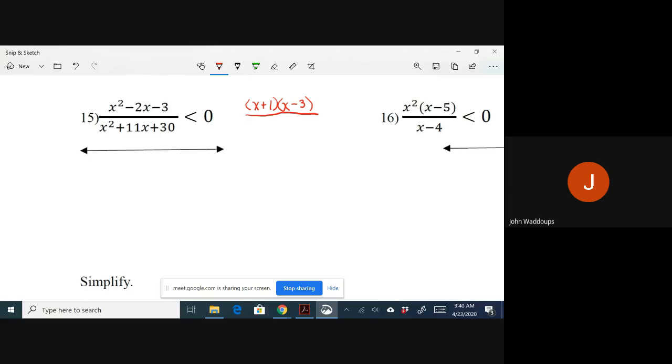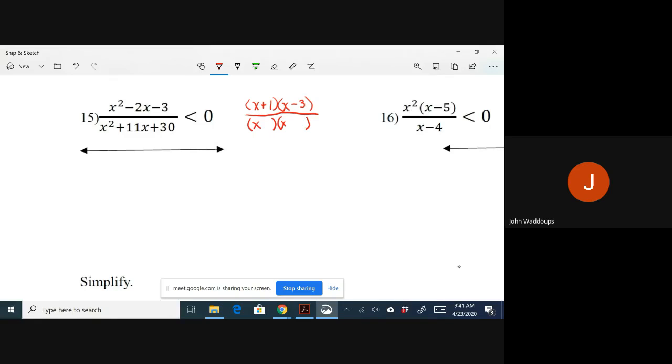All right, x squared plus 11x plus 30. We've got x times x, and here we're looking for two numbers that multiply to 30 that combine to 11. Because it's positive this time, they either both have to be positive or they both have to be negative.